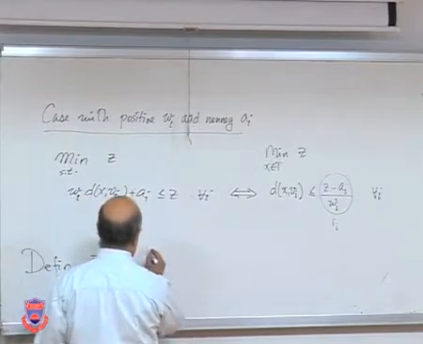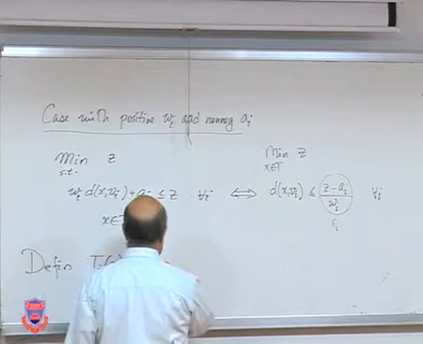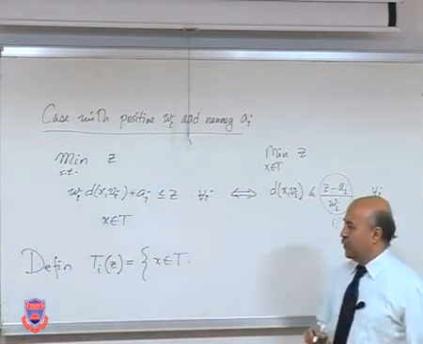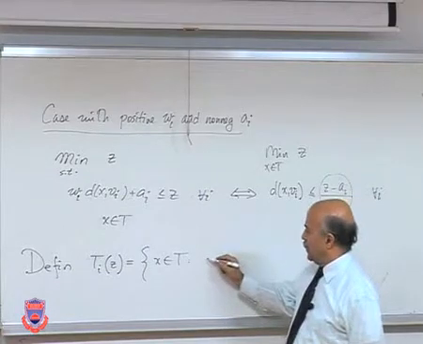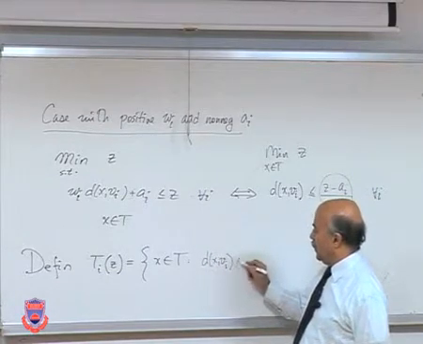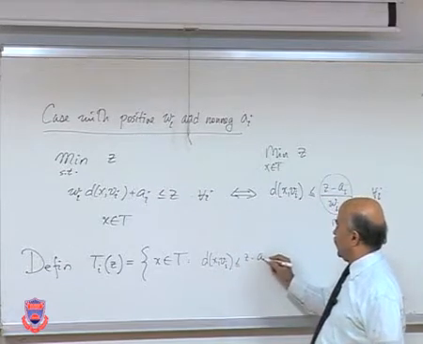So let's define the subtree T_i of z to be the set of points in the tree network such that the distance between x and v_i is less or equal to that number.